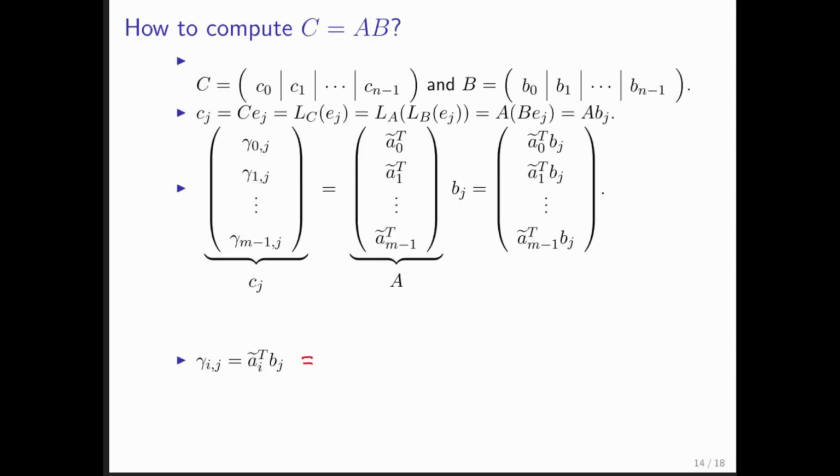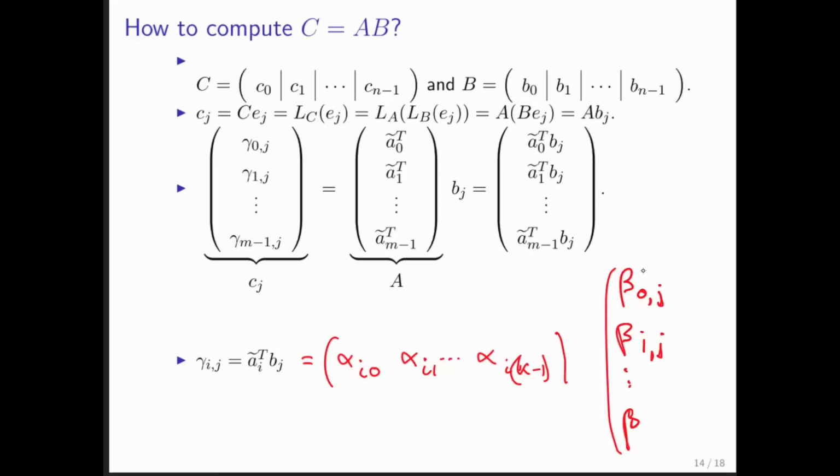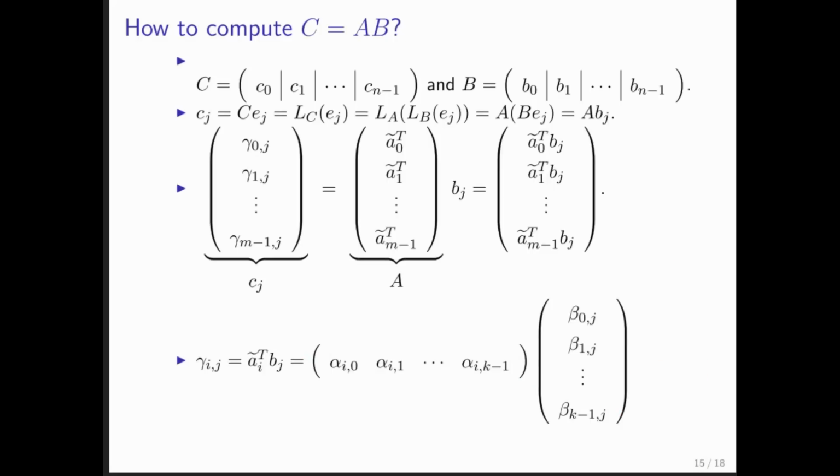But we can expose the individual entries of the ith row of A. That has to multiply the entries of the jth column of B, and those will be denoted by beta 0j, beta 1j, all the way through beta k minus 1 j. And we can summarize that like that. But then we know that that's just this times that plus this times that plus etc., and finally this times that.